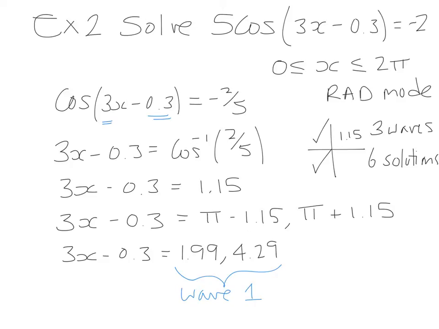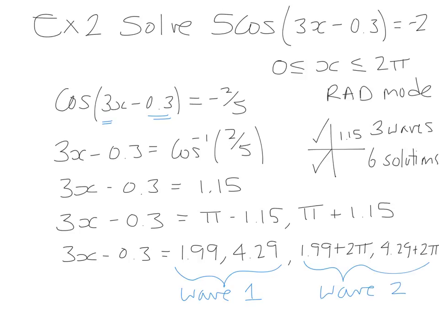Before we move to the next slide, I will work out the start of the values for wave 2. That's 1.99 plus 2 pi this time, and 4.29 plus 2 pi. That's going to be our wave 2 answers, and we'll continue this on the next slide.